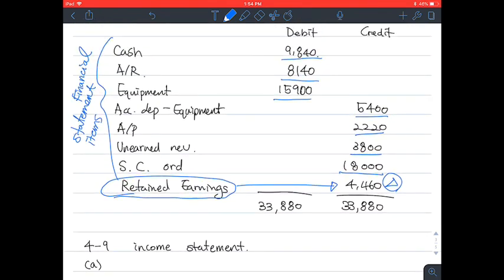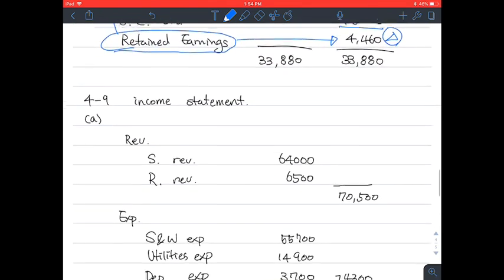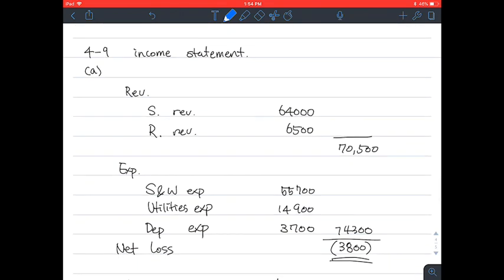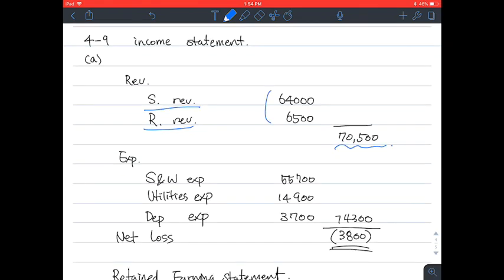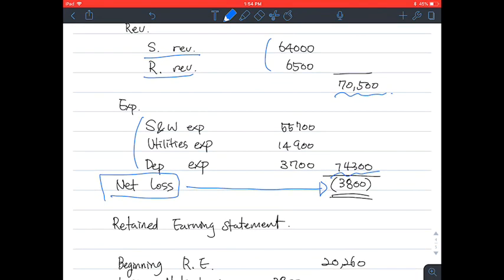So let's write the income statement. The income statement is very simple, right? There were two, service revenue and rent revenue, and those two amount to 70,500. And if we add all the expenses, that will give us 74,300, and it will give us a net loss of 3,800.